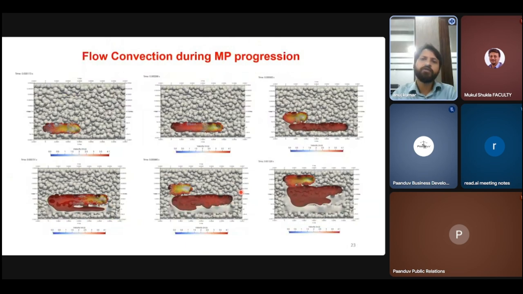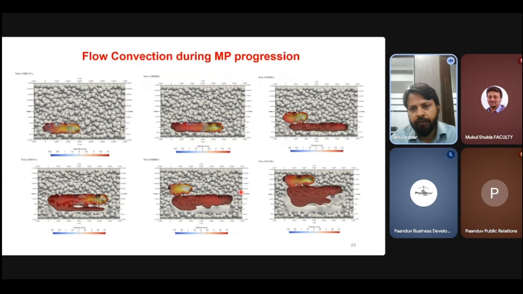The next modeling observation, apart from melt pool and thermal history, is flow convection. Within the melt pool, the metal is literally flowing. Right? The metal is flowing there. When the laser is moving ahead, the metal is flowing. When this metal is flowing, the convection currents are changing their behavior, their trajectory, and you can meticulously predict these flow convections with the help of simulation software, and you can predict the flow velocities as well as temperatures at that point.